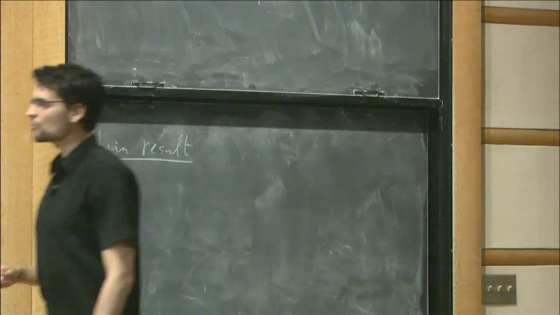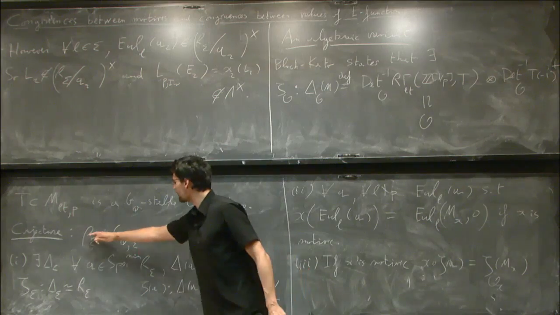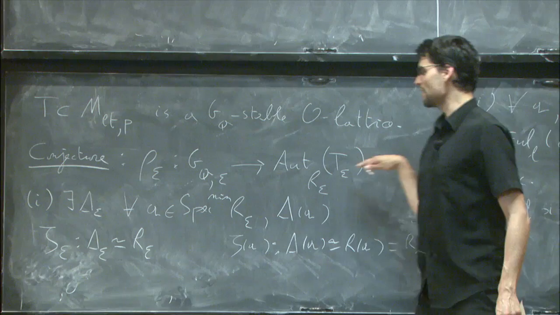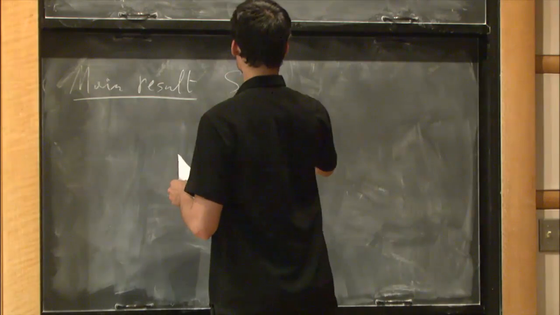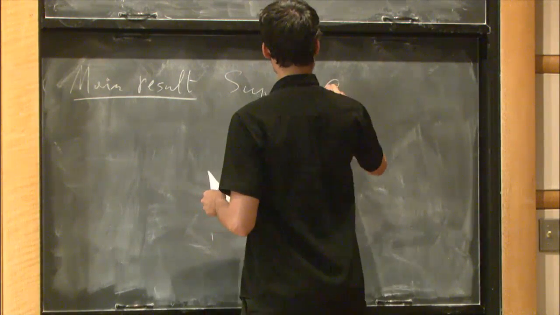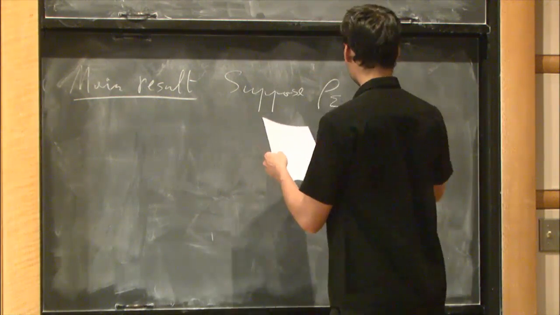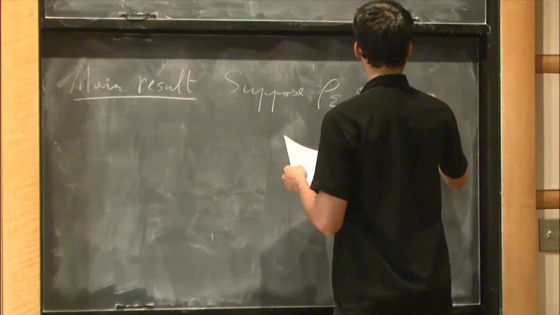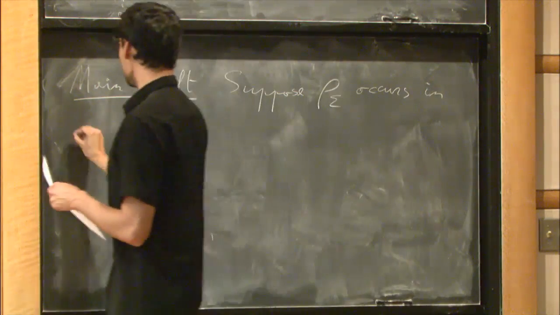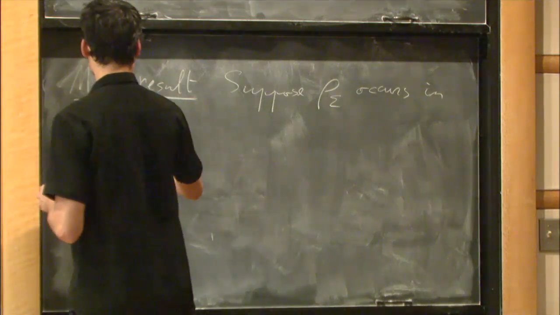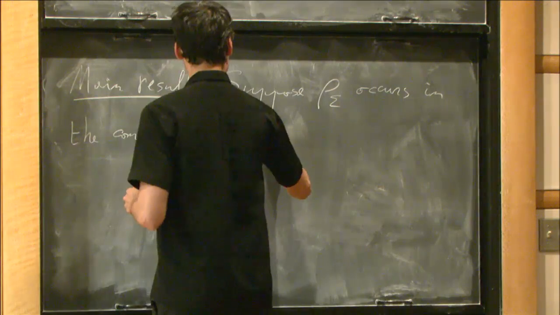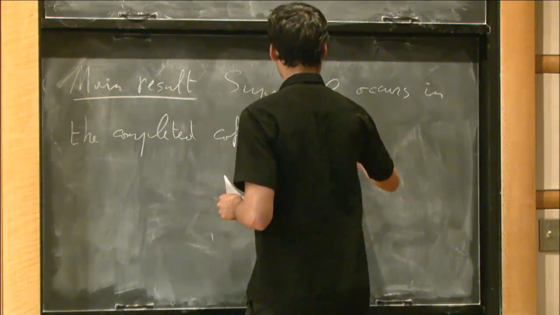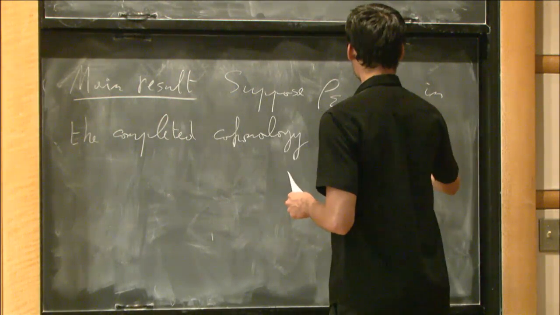So if you look at the conjecture again, its input is a Galois representation unramified outside the finite set Sigma. I'm going to assume that this Galois representation occurs in the completed cohomology of a tower of Shimura varieties.